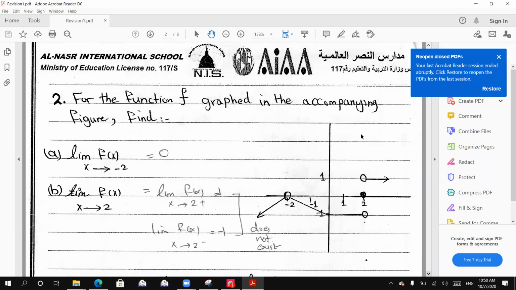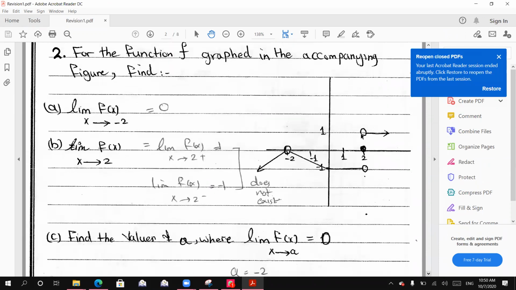Now, for the function f graphed in the figure here, find the limit of f of x when x approaches -2. Now, Darine is here, right? Yes, teacher.